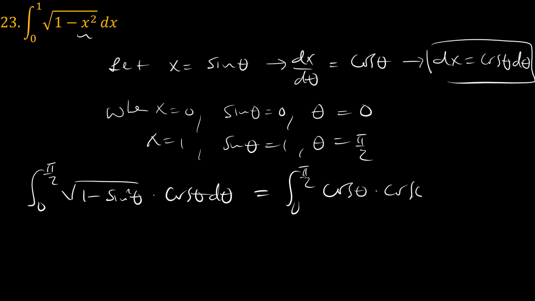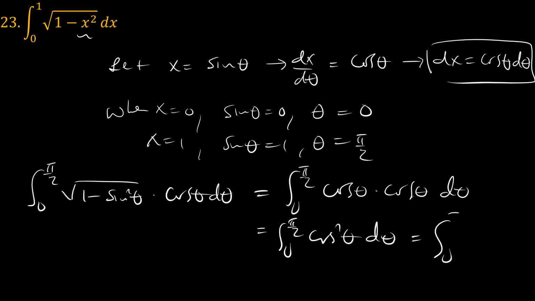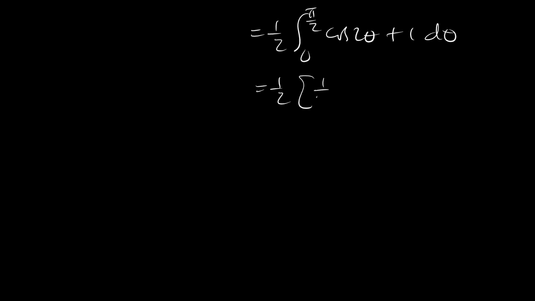That equals the integral of cosine squared theta, which is one half cosine 2 theta plus one half, which equals a half times the integral from 0 to pi over 2 of cosine 2 theta plus 1, which is a half sine 2 theta plus theta, from 0 to pi over 2.